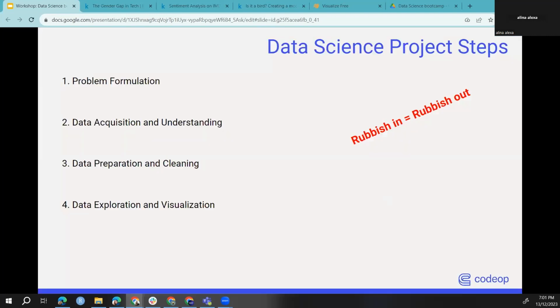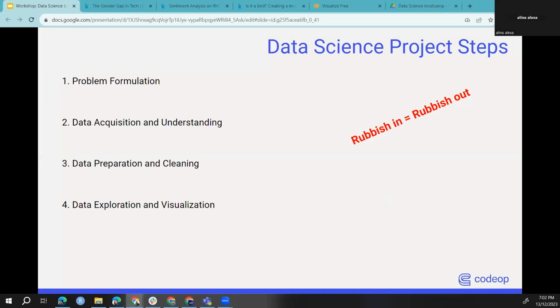All right, so let's go now to what a data science project entails. The first thing you're going to see is a crossed-out red, big "rubbish in, rubbish out." You've probably heard it. If you haven't, it's the saying when it comes to big data. If we have rubbish data, then we're going to get rubbish outputs. Whether it is price data, sales data, marketing data, it doesn't matter. If what we have is not good, then we're not going to get any insight.